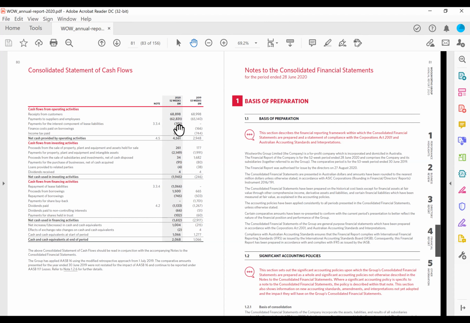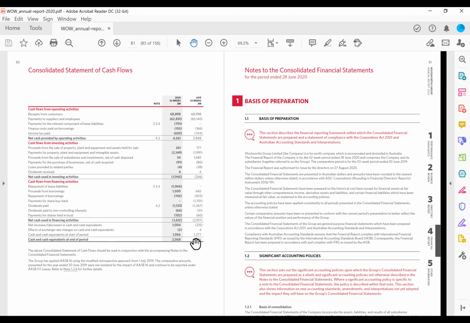Okay, so that's the body of the report. But what's important is down the bottom where we look at the change in the cash balance. So as we saw in our example, it's got the net increase or decrease in the cash. So in 2019, it was a decrease. In 2020, it was an increase. And then it reconciles the beginning balance with the ending balance.